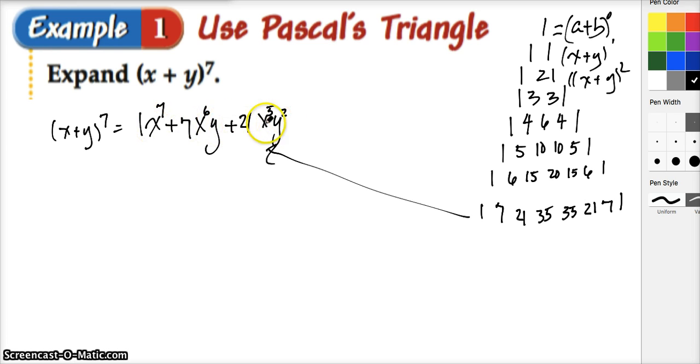Notice my x's decrease in terms of degree and my y's increase, always maintaining the degree of 7 for each of these terms. Let me keep it up.